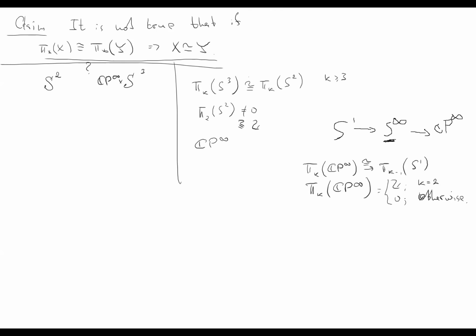But the question is why these two are not homotopy equivalent. I don't know the homology groups off the top of my head, but I think the ones for CP infinity are not as simple.